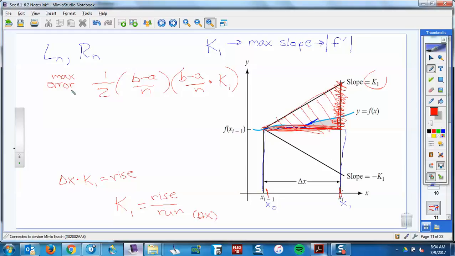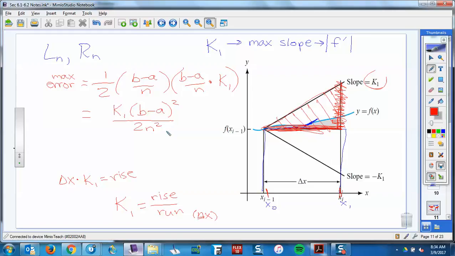So our max error, when I put this all together, is going to be K1 times b minus a squared over 2n squared, right? Remember, n is my number of subdivisions. Okay, b minus a is my width.